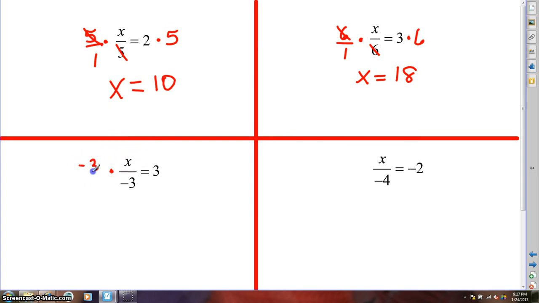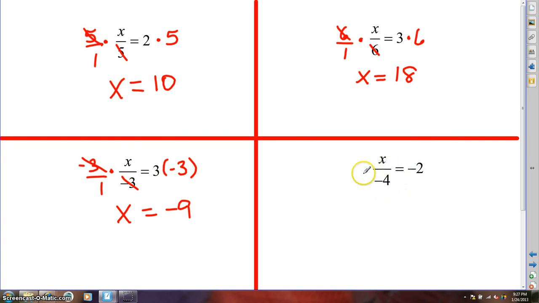All right, these last few, we do the exact same thing on each one. So our -3's cancel out, leaving just an x. 3 times -3 makes -9. You can always check these by plugging them back in. So -9 divided by -3 makes +3. And let's look at one more. X divided by -4 equals -2.